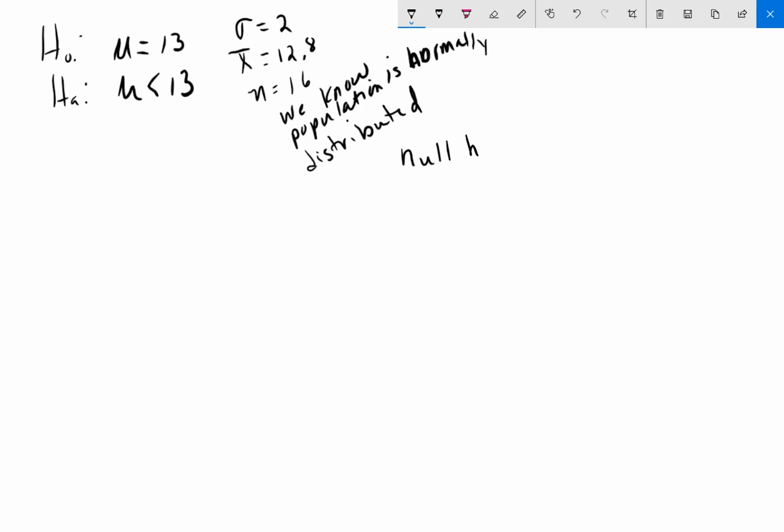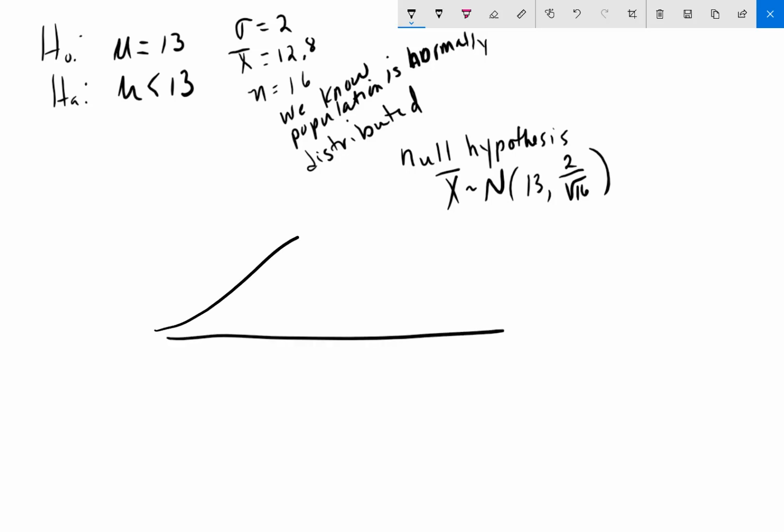So our null hypothesis is the sampling distribution of the sample mean, and it's normally distributed because the parent distribution is normal. It's got a mean of 13 and a standard error of 2 divided by the square root of 16. So I can actually write this null hypothesis.